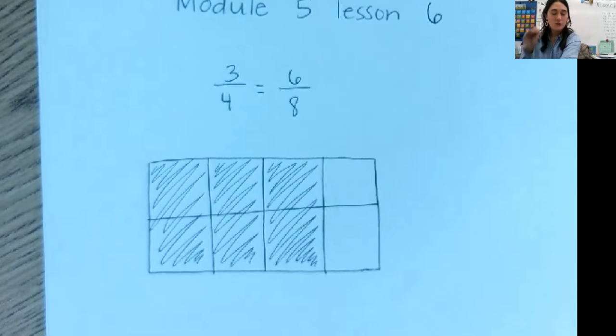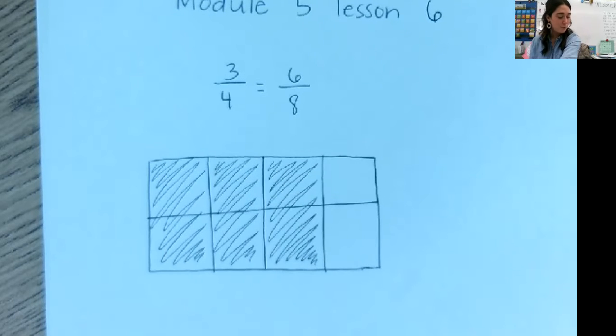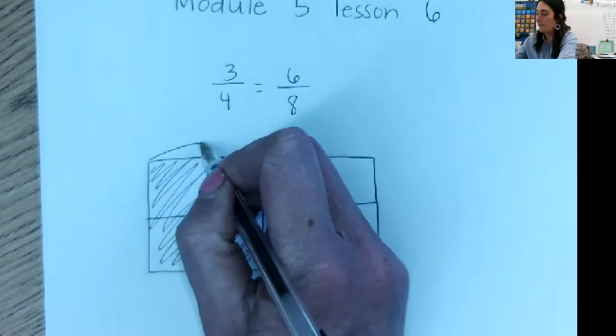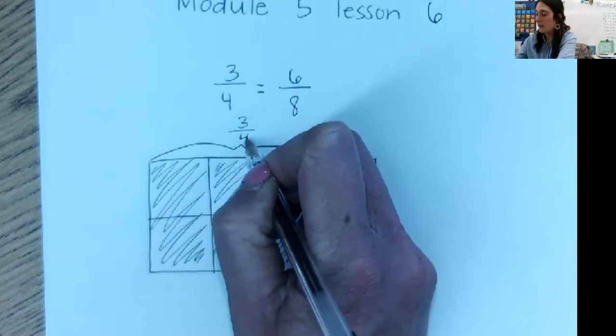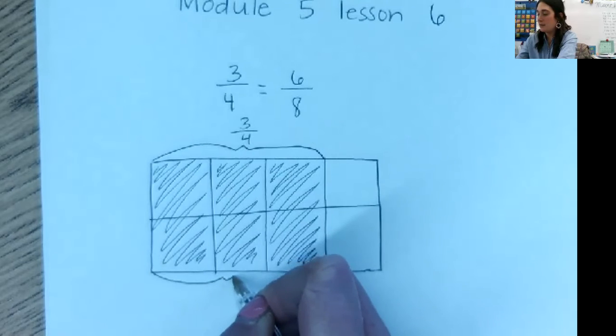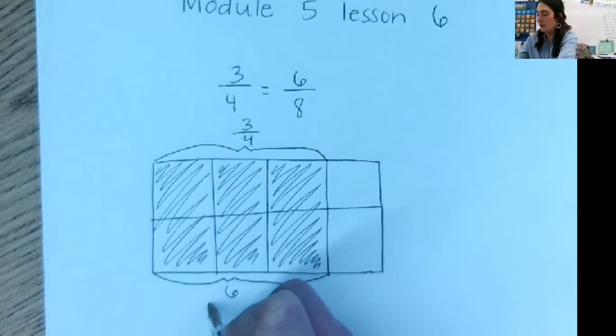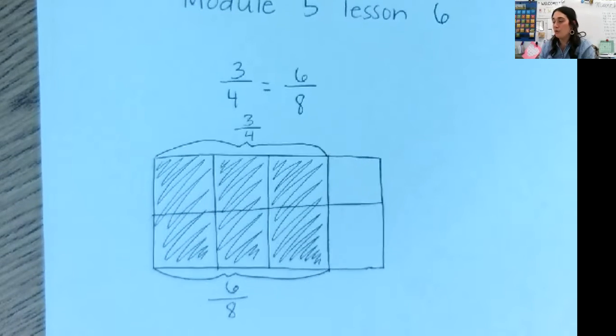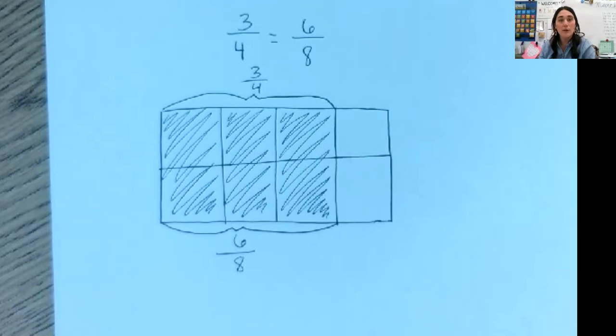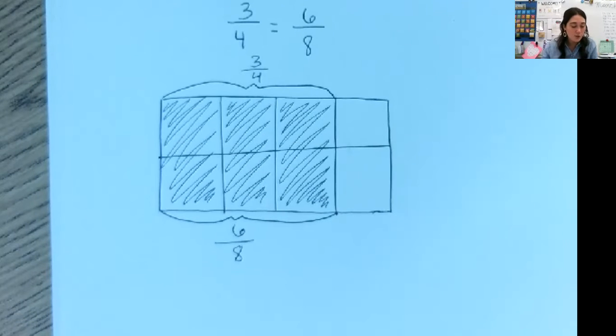So now that I've drawn a line halfway through, I have 3/4 represented on top, and I have 6/8 represented on the bottom. Well, let's use some unit fractions to show addition so that we can show that 3/4 is equal to 6/8.